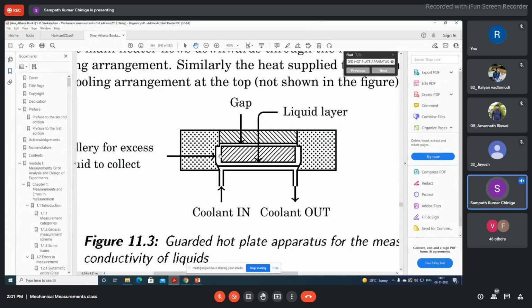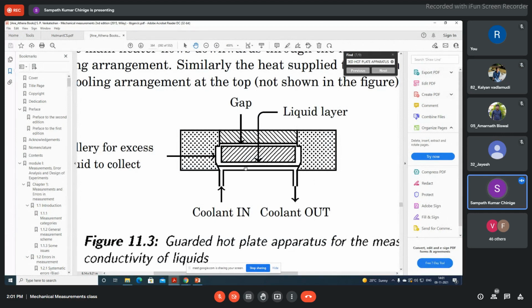Because you are heating the main heater, there is every chance that the heat will transfer from this side as well as this side. So I'm keeping a guarded heater plate and a gap such that it is maintained at a constant temperature from the top, so whatever heat travels will travel only in this particular direction. I'm keeping a very thin layer of liquid on this side, and at the bottom I'm keeping a liquid layer which is at lower temperature.